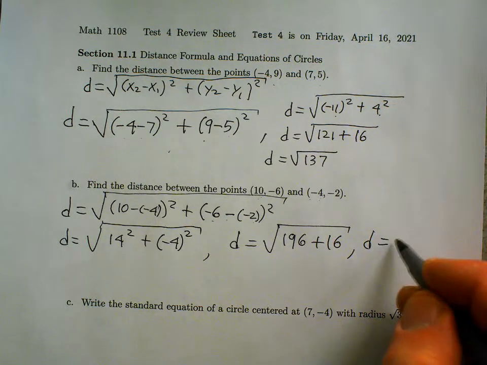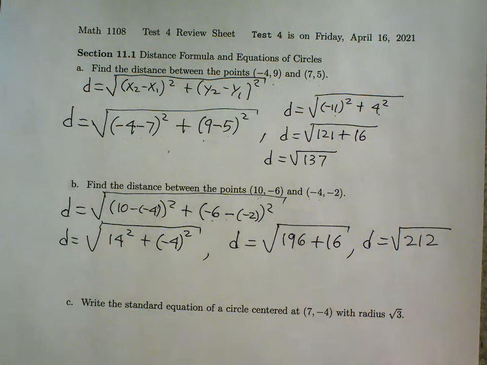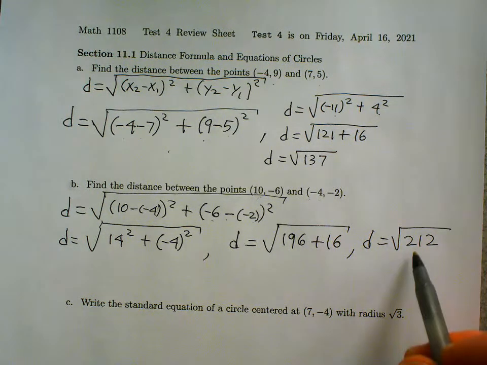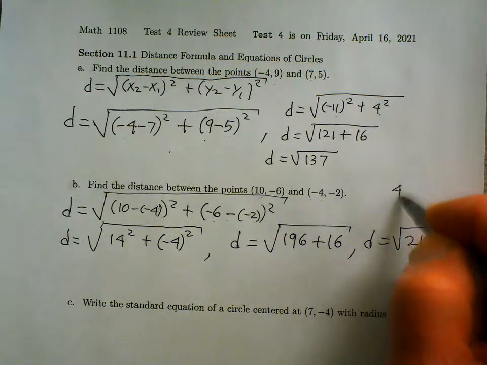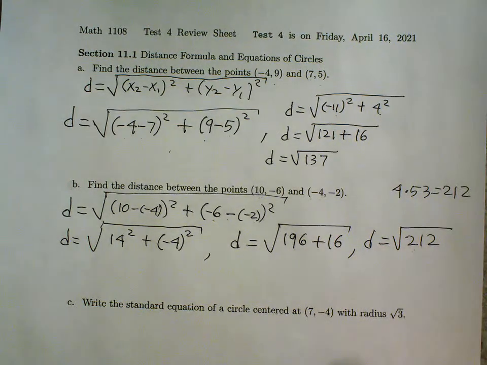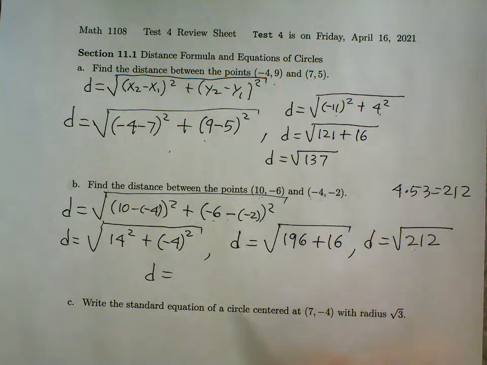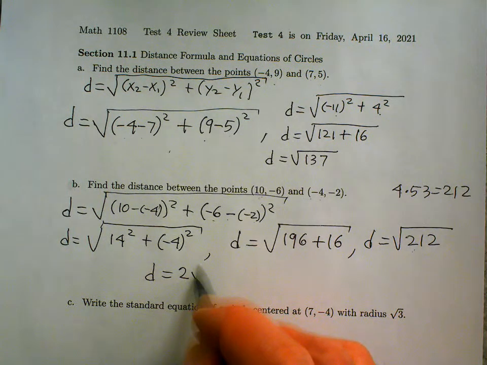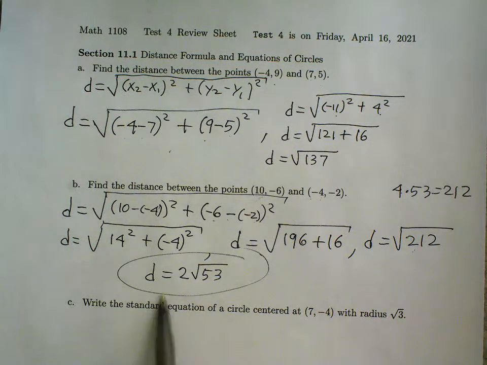So we get the distance is the square root of 212. This can be simplified because 4 times 53 is 212. So the square root of 4 is 2, and then times the square root of 53. So that's the distance.